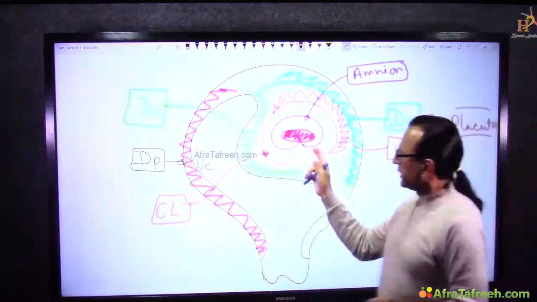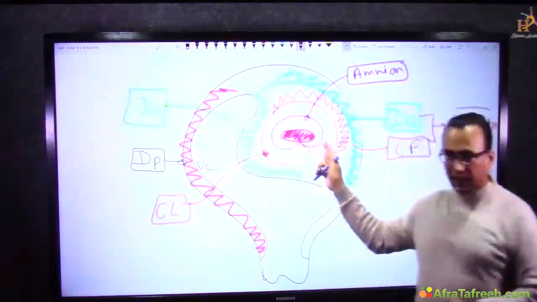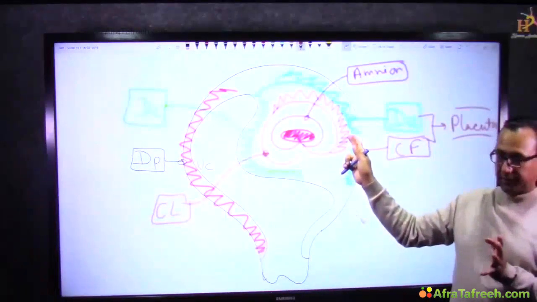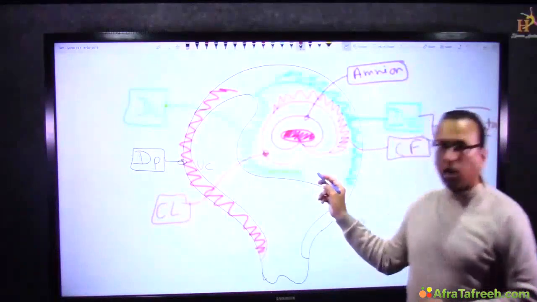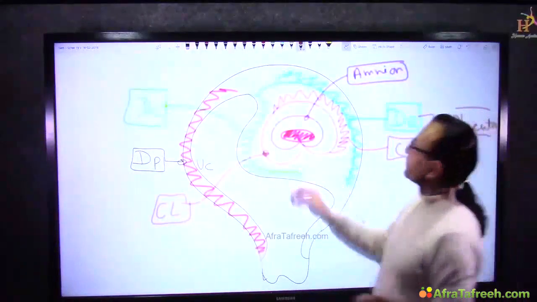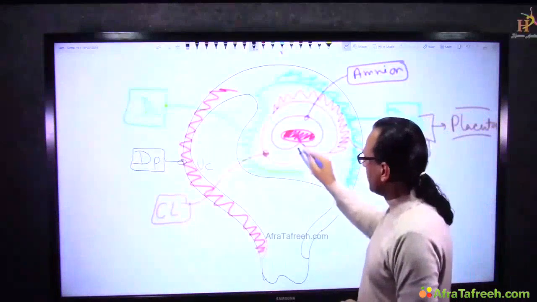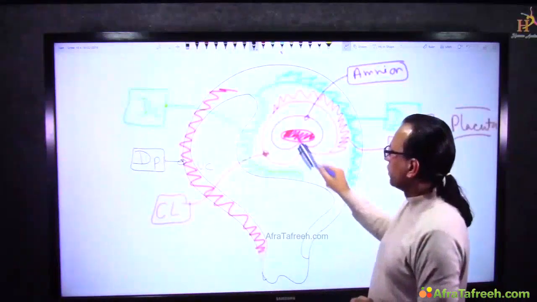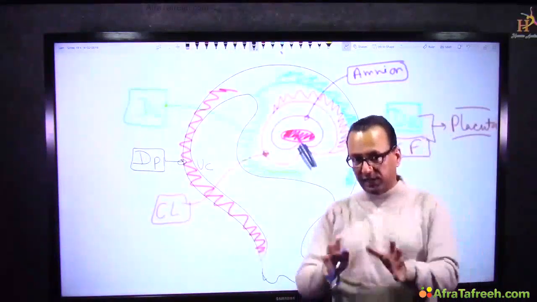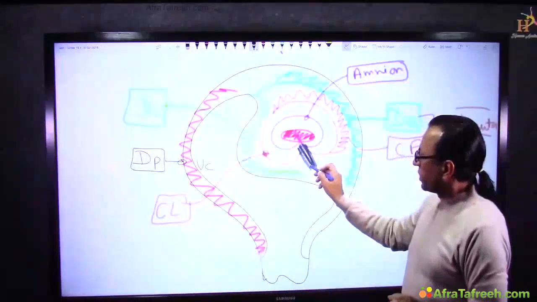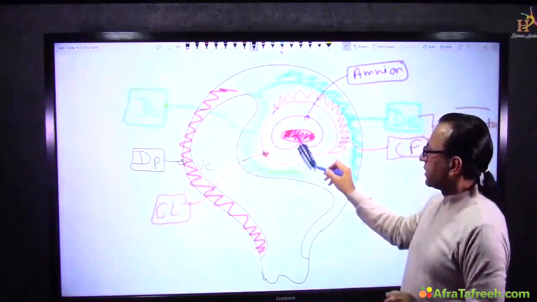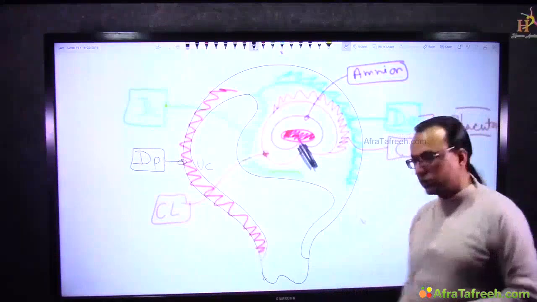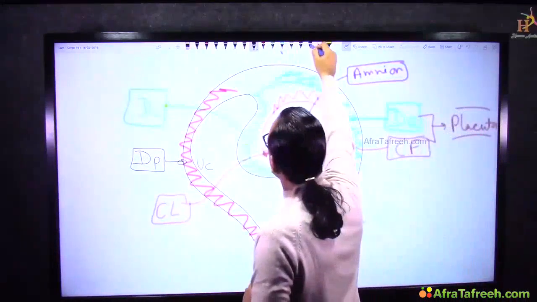Understand that this amnion, which is lining the amniotic cavity, is continuous on the umbilical cord also. So you can notice this will be the umbilical cord, which is basically connecting the baby with the placenta, and on that is also a covering of the amnion.